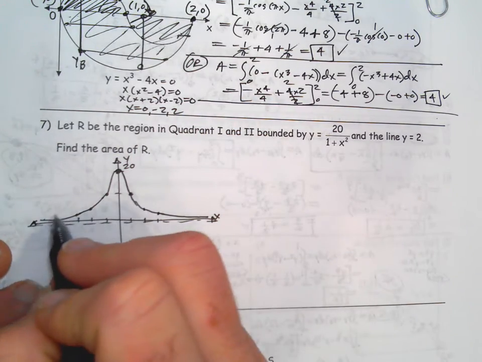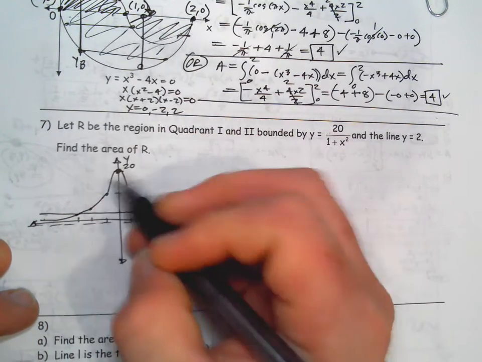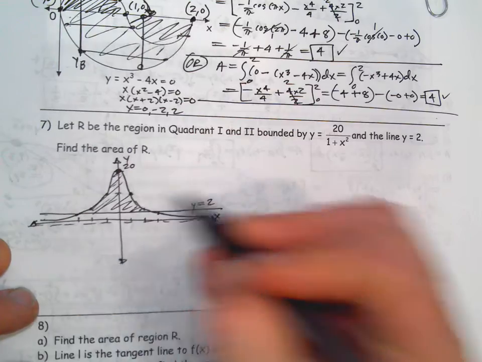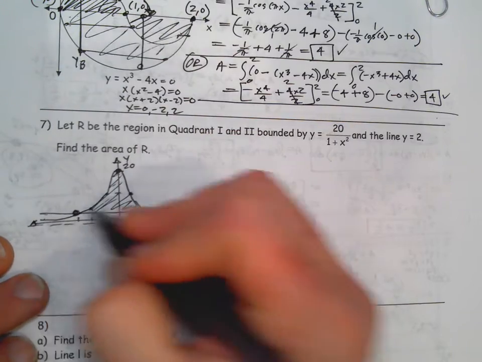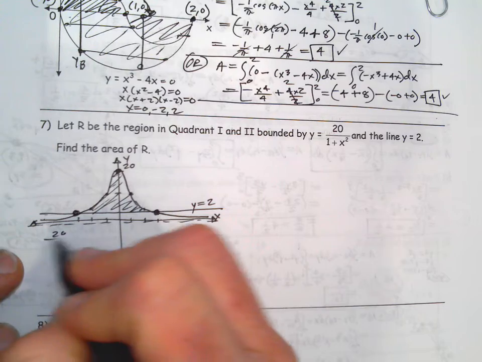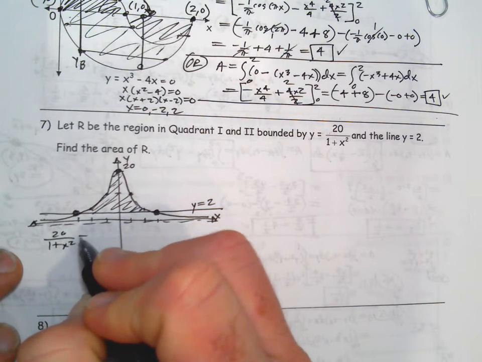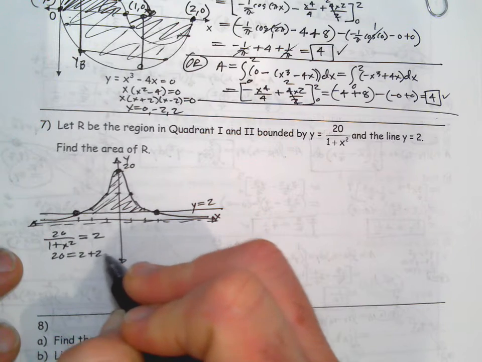Y equals 2 is a horizontal line. So we're trying to find the area between these in the first and second quadrants, which is what we have there. So we definitely need to find the intersections of these two curves. And so that'd be 20 over 1 plus x squared equals 2. So it's going to be 20 equals 2 plus 2x squared.